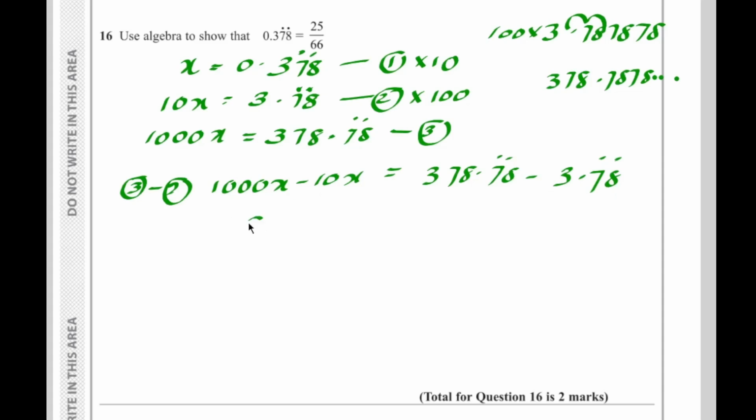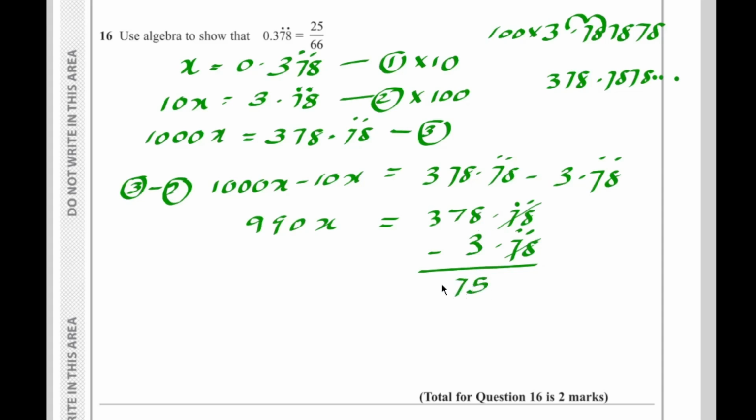Then this is 990x equals 378.78 the whole set recurs minus 3.78 whole set recurs. So we need to minus. 7878 whole set recurs cancelled out. 8 minus 3 is 5.